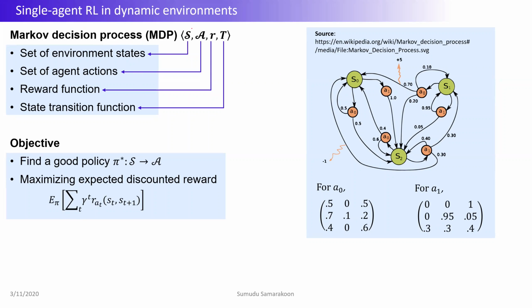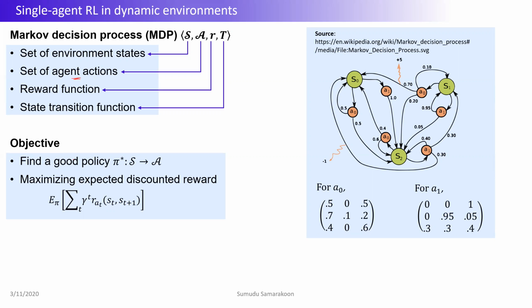The first part is the set of environment states, then the set of agent actions, here for one agent, and a reward function which maps the state and action to a real value reward, and finally a state transition probability, which says the transition from one state to another happens with a given probability.